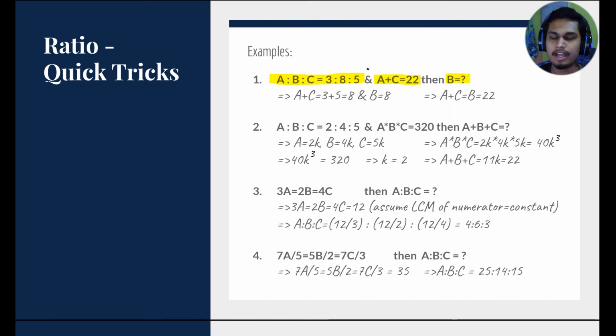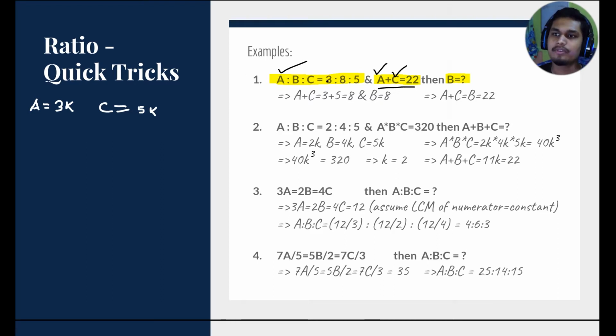We want to see the value of A and C. From this relationship we will get A equals 3K. We can see C equals 5K, and we can put the values in this equation, correct?